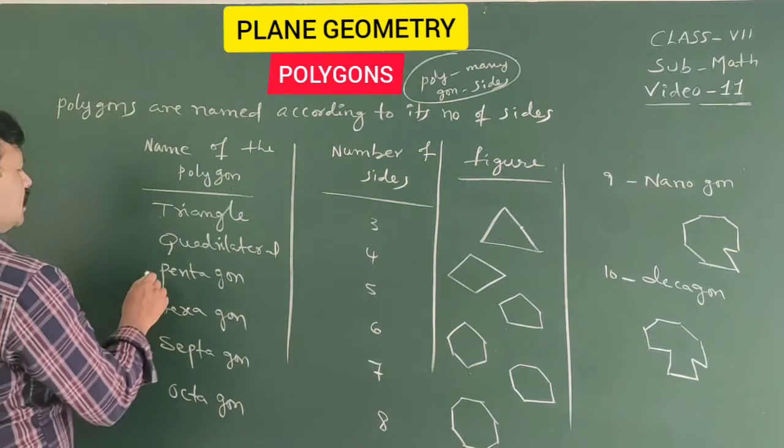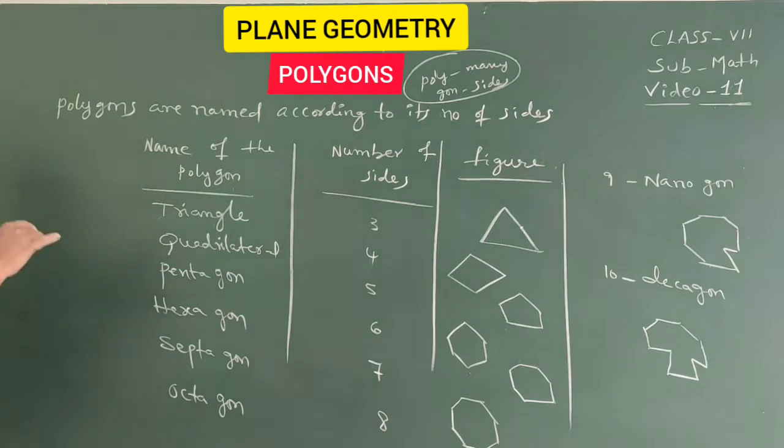Here, mono, bi, tri, quadra, these are Greek names. Penta in Greek is 5, hexa 6, septa 7, octa 8, nona 9.